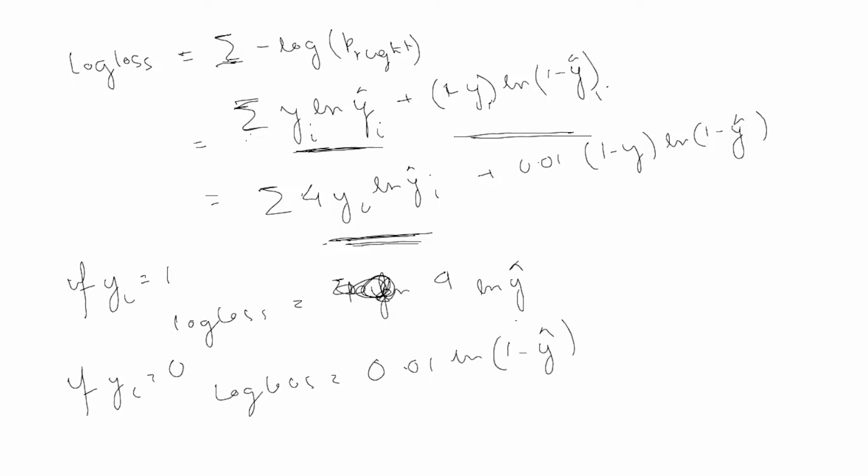Y hat is your prediction probability. You can clearly see that if your class is 1, you're giving a lot more weightage to that misclassification. The error coming out of class 1 prediction is a lot higher. If you're making an error here, you're penalized a lot more compared to here, because the log term is exactly the same.